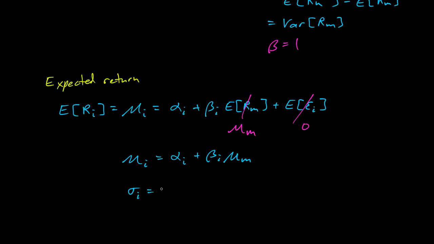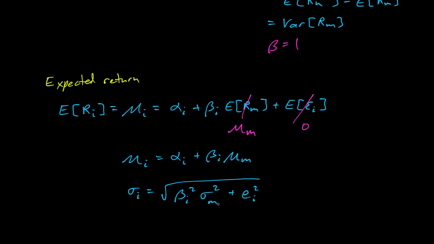And if you do a similar calculation, you can get the standard deviation of return, and that'll end up being beta i squared sigma m squared plus e i squared.